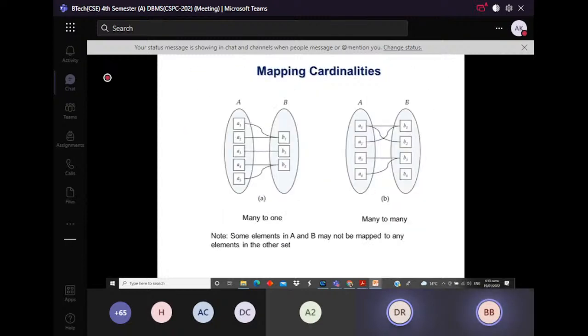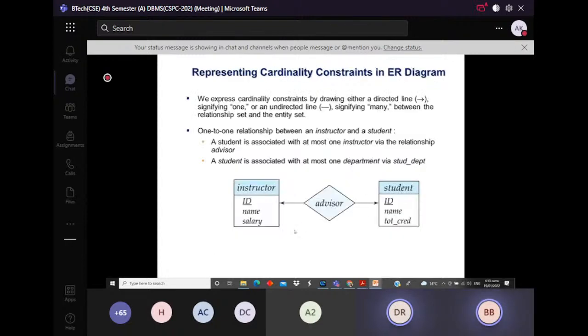Now you can see here, in this particular example, if each instructor can be advisor of only one student and a student can be under only one instructor, then this relation is a one to one relation, right?